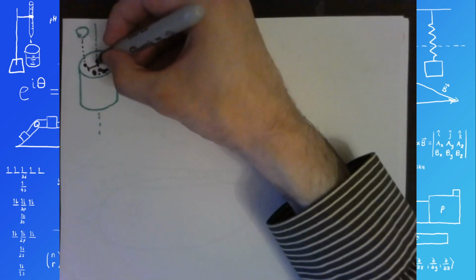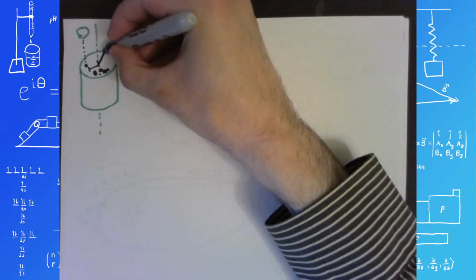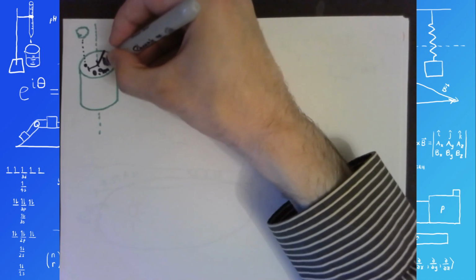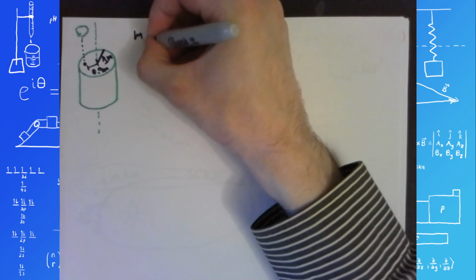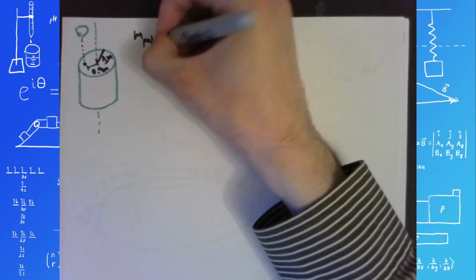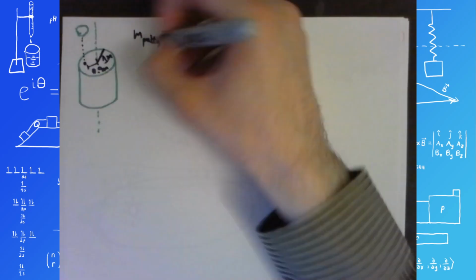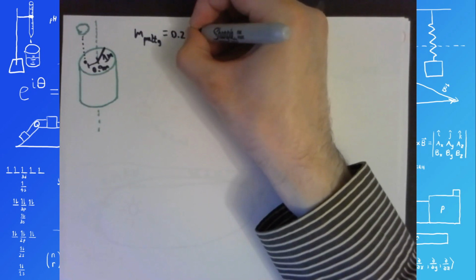And then they said the radius of the cylinder, I guess I'll draw that over here, is a full 1 meter. So the piece of putty has a mass of 0.25 kilograms is what they said.